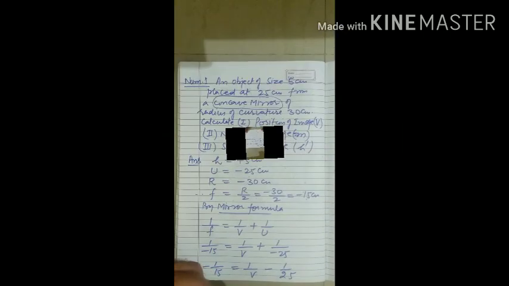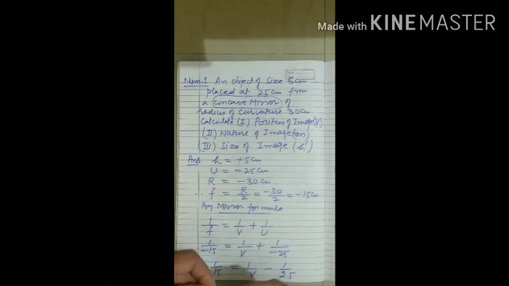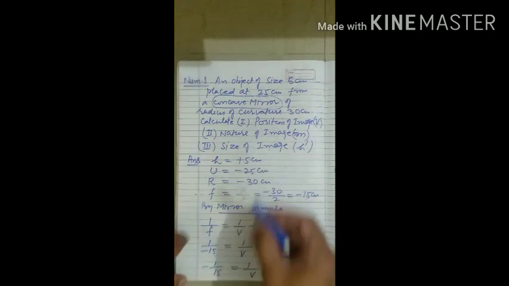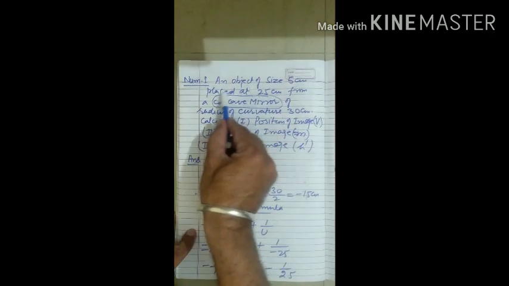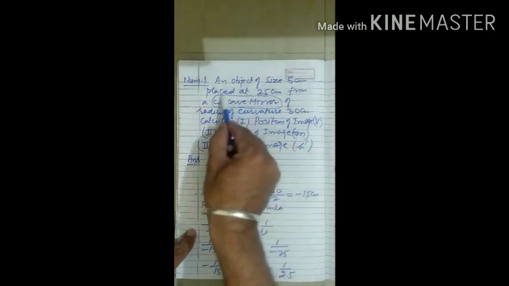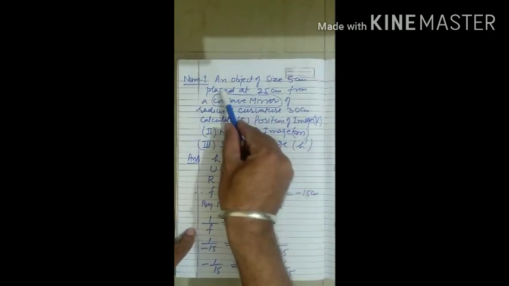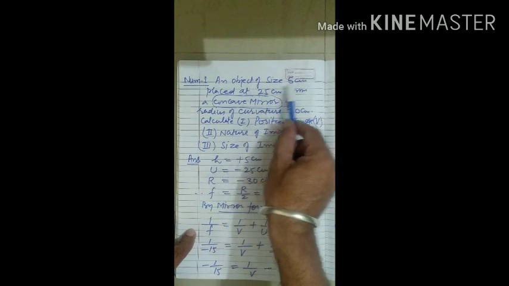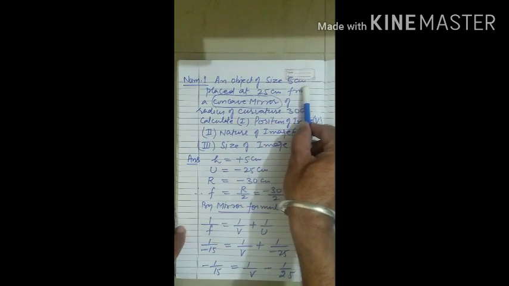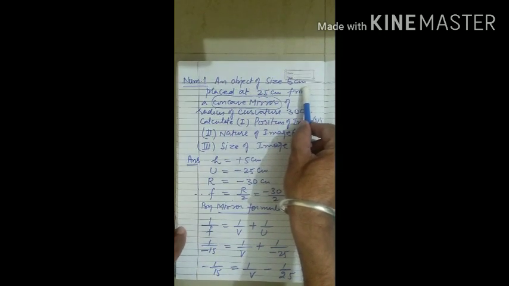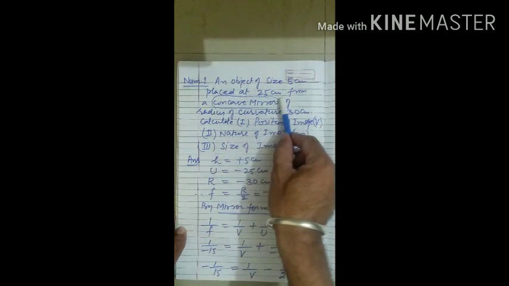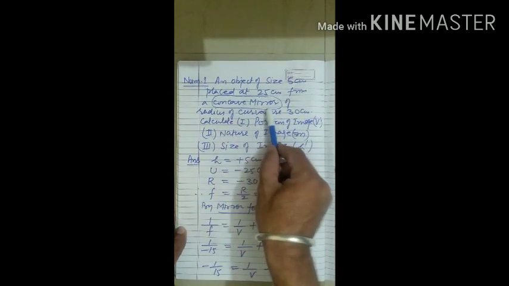Numerical, which is basically based on a concave mirror. See, this concave mirror I have already circled so that it is very clear that this mirror is a concave mirror. Now let me read first: an object of size 5 centimeter, size means your h, placed at 25 centimeter from a concave mirror.